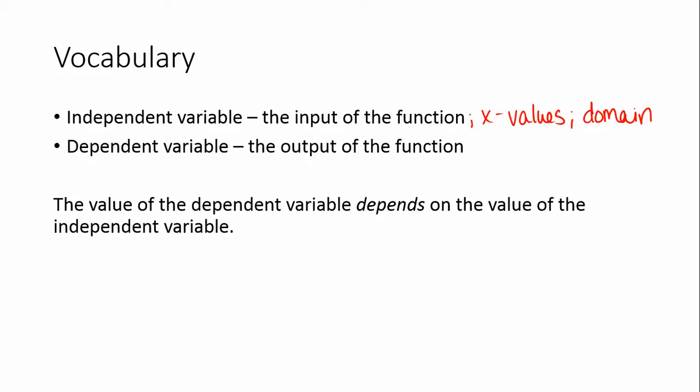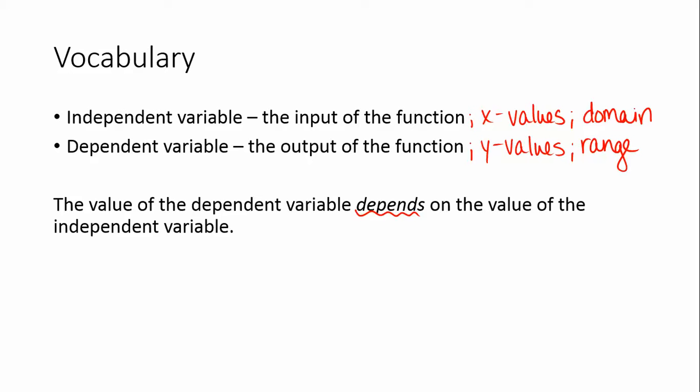Then we have the dependent variable, or the output of the function. Those are the y values, or the range. And what's important to remember here is that the value of the dependent variable will depend on the value of the input. So your dependent variable changes depending upon your independent variable.